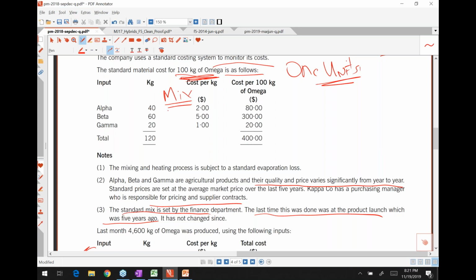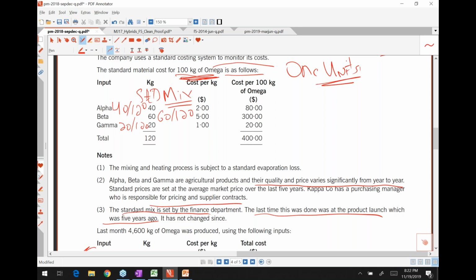For alpha in a product, 40 should be alpha out of 120. Okay, this is standard mix. For beta, it should be 60 in 120. So in 120, 60 should be beta, and 20 divided by 120 should be gamma. So this is your standard mix, which actually indicates how much of the ingredient should be in the product.